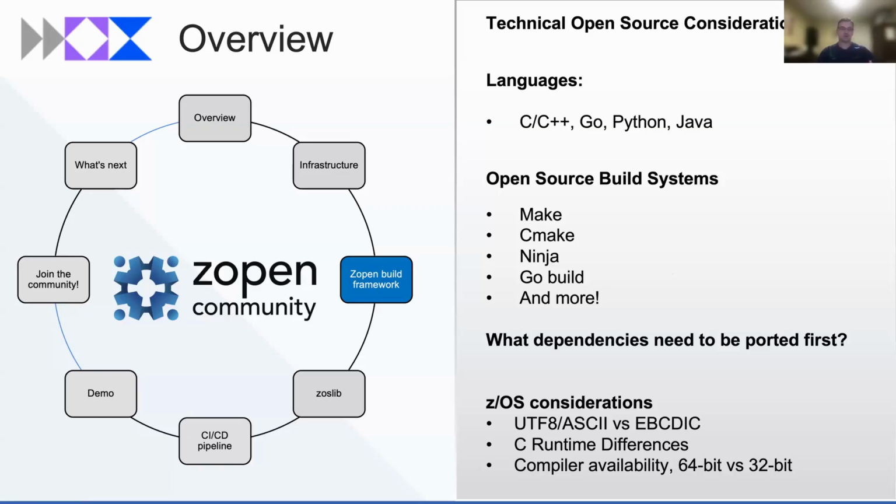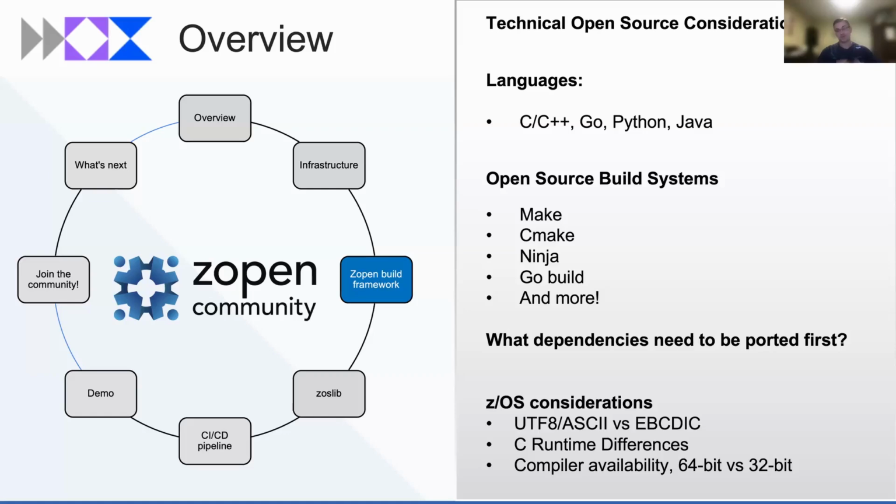Build systems can vary from makefiles, which are more typical for older open source projects, to newer types of build systems like CMake, Ninja, Go Build, and more recently Meson and many others. Understanding the build system and knowing how it works is one of the first things you usually have to undergo when porting a project to zOS.